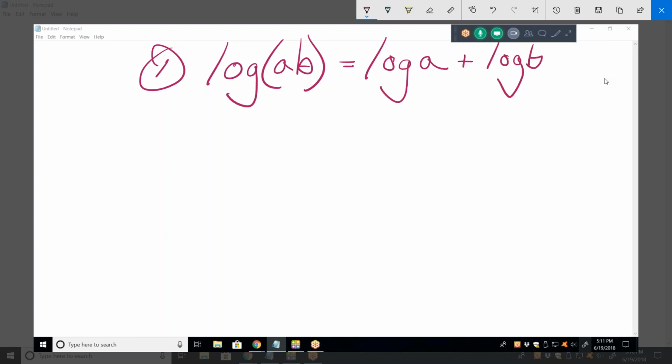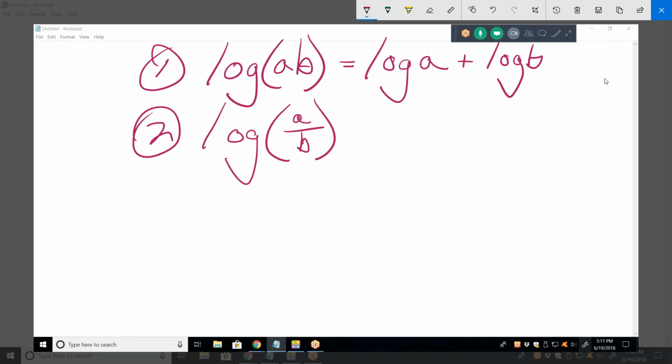They're going to ask you to do it from right to left. Tell me what number 2 is. So log A over B equals log A minus log B. Exactly. Notice that we go from division to subtraction, just like we went from multiplication to addition.